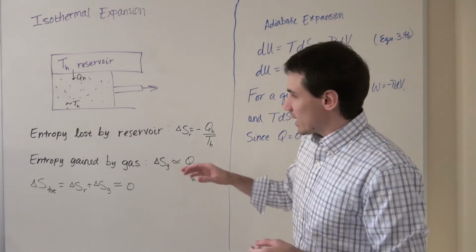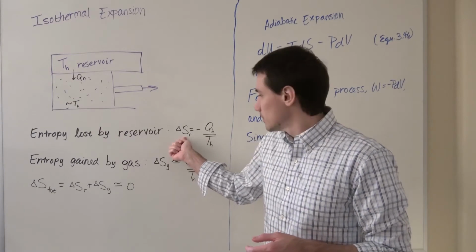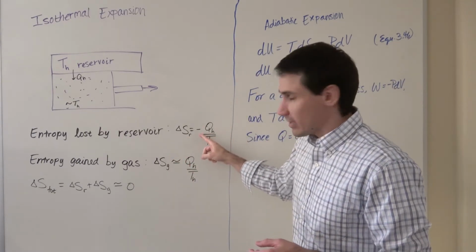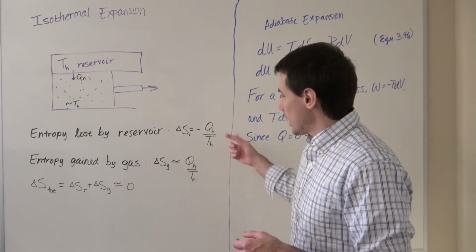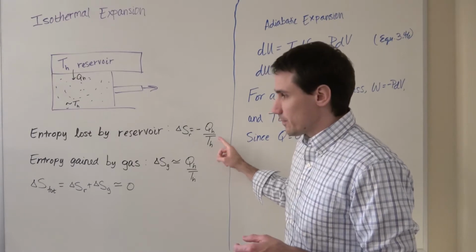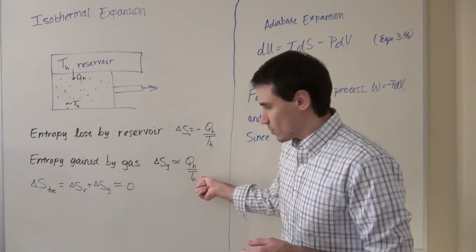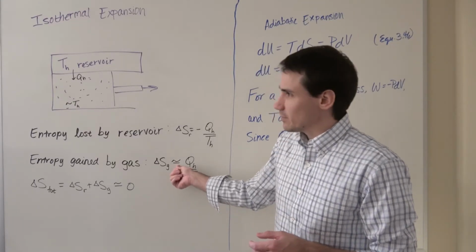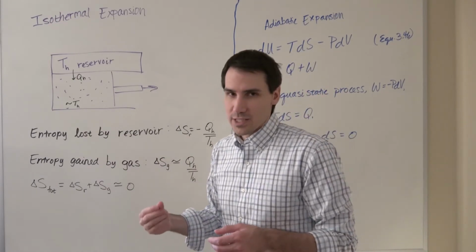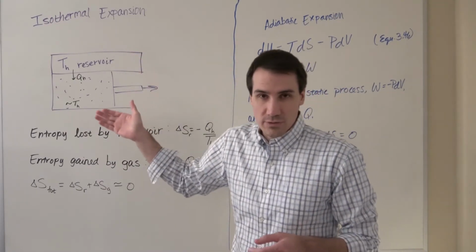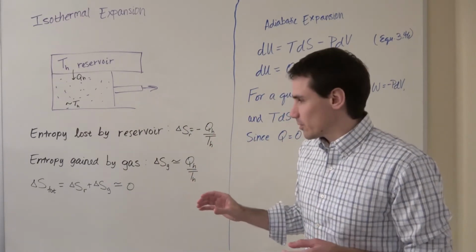So if we say that the entropy lost by the reservoir is delta SR, well, it's a negative value because our reservoir is losing entropy, and it's equal to QH over TH. And the entropy gained by the gas, on the other hand, is approximately QH over TH as well. Now I put approximately here because the gas needs to be infinitesimally cooler than the reservoir in order for heat to actually flow from the reservoir to the gas, but we're going to say that it's effectively the same temperature.